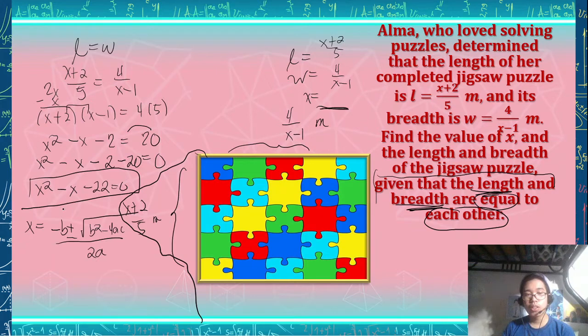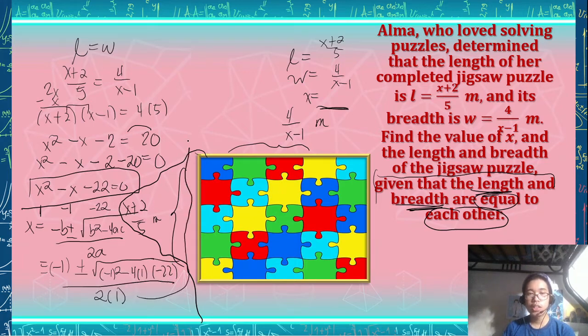Since we know that the numerical coefficient for x is 1, for x squared this is positive 1, and for the c, that's negative 22, we can substitute these values. So we have here negative 1, plus or minus the square root of 1 squared minus 4 times 1 times negative 22, all over 2 times 1.